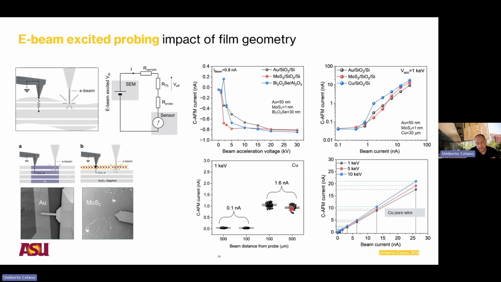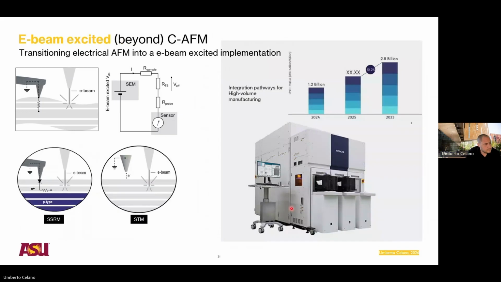Now, we can discuss the impact of the E-beam impinging. There could be, of course, implications there. But what I'm trying to support here is that we are not doing anything crazy to the film itself from the standpoint of injecting in-plane charges, especially if you compare that with our classic operation with conventional C-AFM.